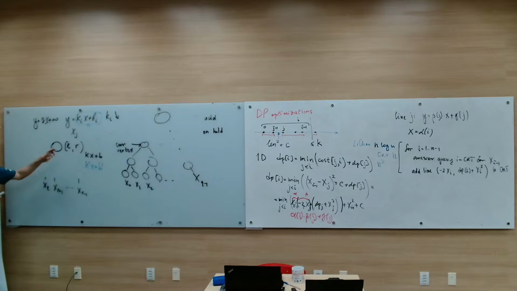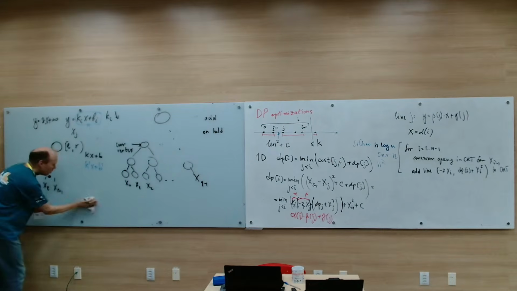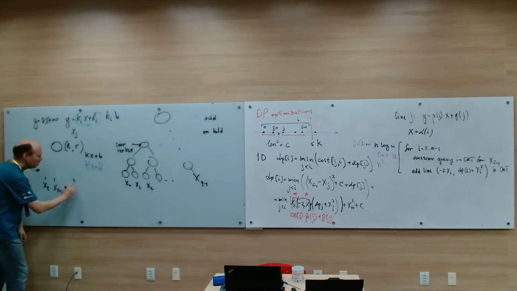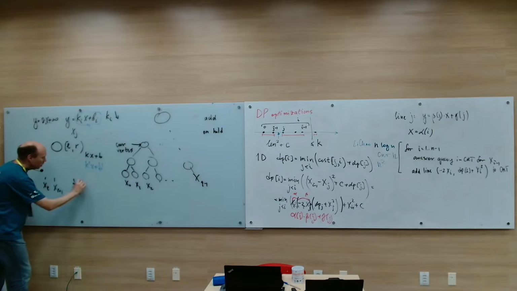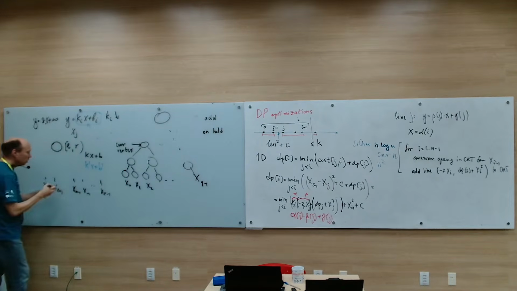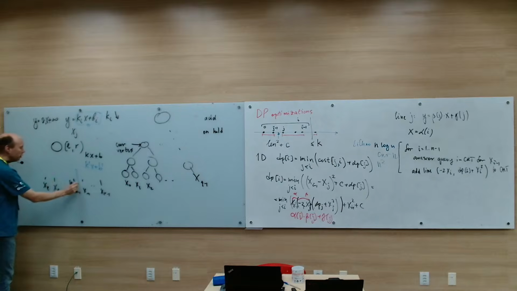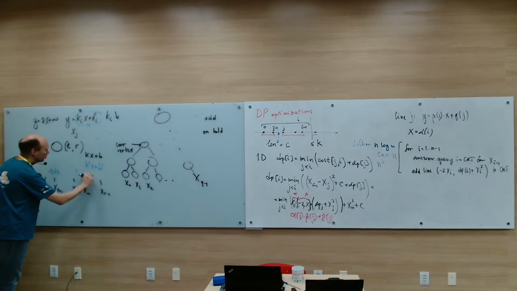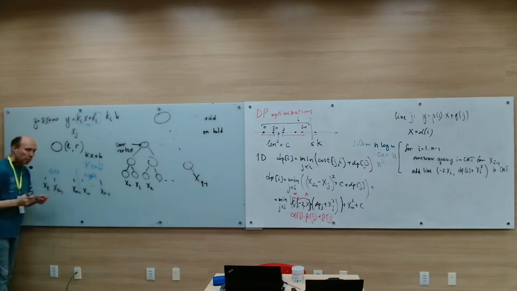If it's a leaf, it's a special case we will get to a little bit later. If it's not a leaf, there is the middle of the segment, like xm minus 1 and xm. So this goes to our left son, this goes to our right.